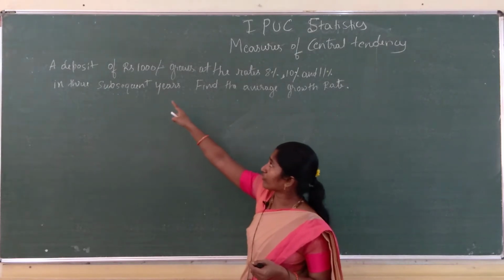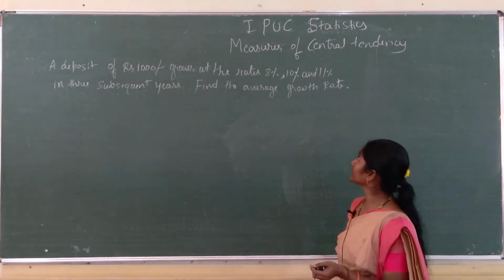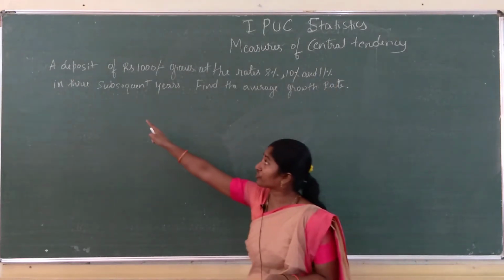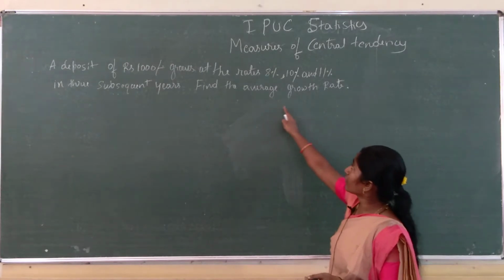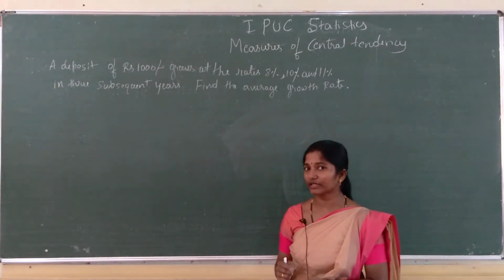A deposit of rupees 1000 grows at the rates 8%, 10% and 11% in 3 subsequent years. Find the average growth rate.